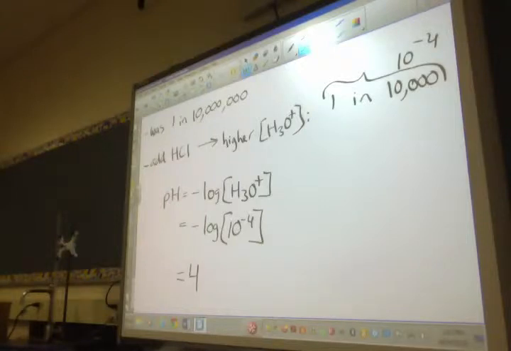But if I want 1 in 10,000, or 1 in 100 million, or 1 in 1 trillion, I have to deal with negative numbers. So like 10 to the negative 9th, that's 1 billionth. So when I say it's 1 in 10,000, that's 10 to the negative 4th. So the log of 10 to the negative 4th is negative 4. Because we don't always deal with negatives when we talk about acids, we just say negative log gives us our pH.